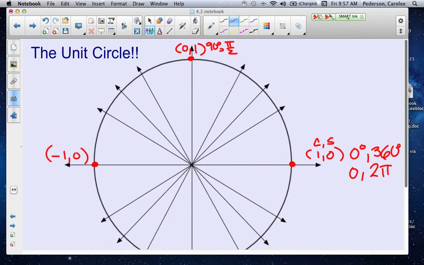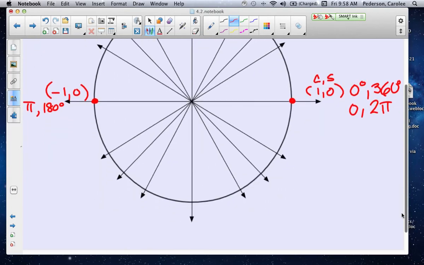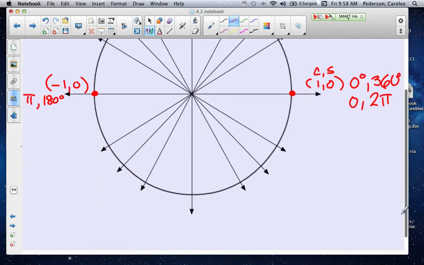So what's that in angle measure? 180 degrees or pi. So now we're heading down to the bottom of the circle. We're going over 0, down 1.